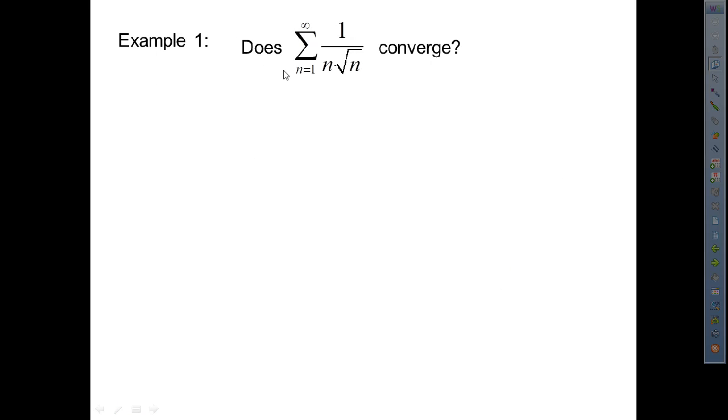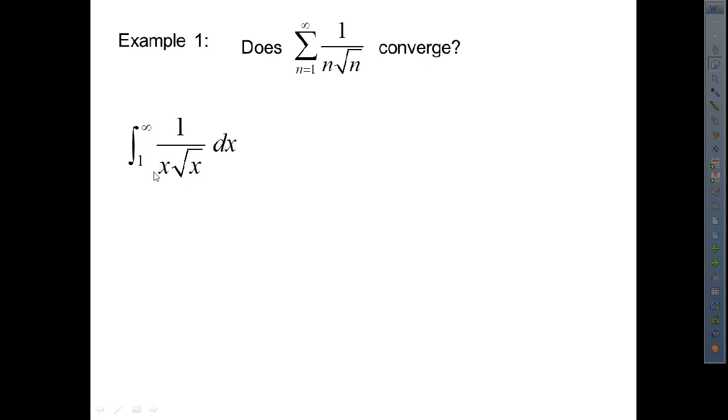So, does the sigma from n equals 1 to infinity of 1 over n times the square root of n converge? Well, let's see. We can do this with the integral test and just integrate it from 1 to infinity of 1 over x times the square root of x dx.